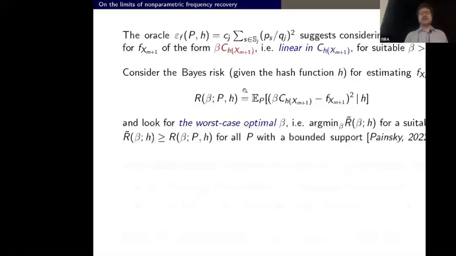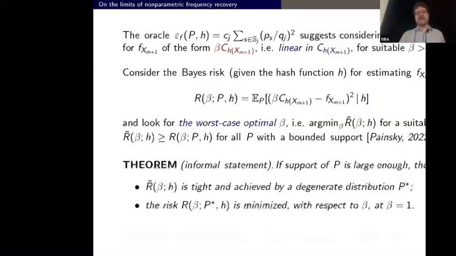And then I try to do some study on that. I consider this risk, and I try to identify what is the worst-case optimal estimator under this risk. And how can I do that? I upper bound this risk, and then I minimize with respect to beta. And that's the result.